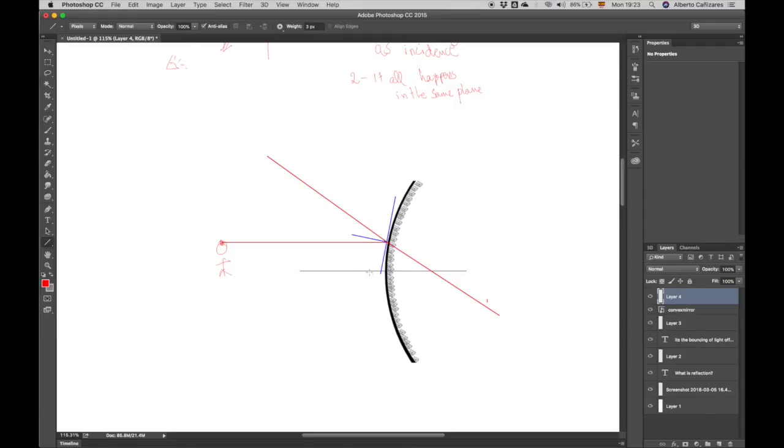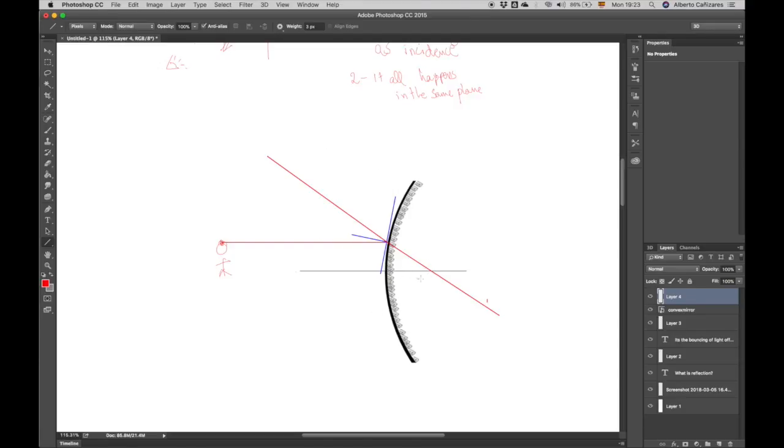Now, what's happening here? This point here, we call it the focal point, right? The reason is because if we had all the lights coming parallel, light coming from this way, they'd also focus on that point.